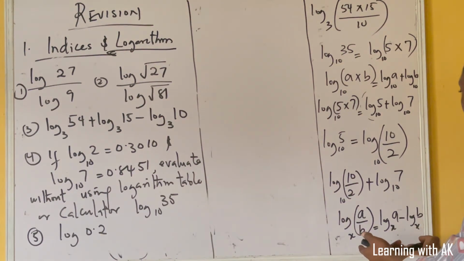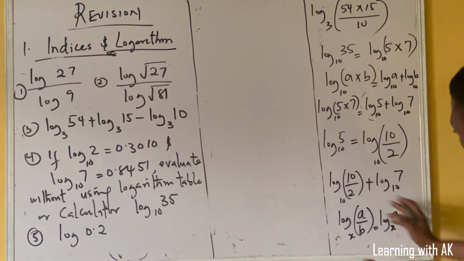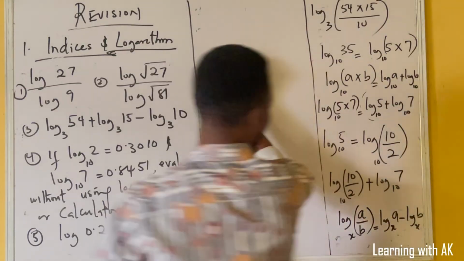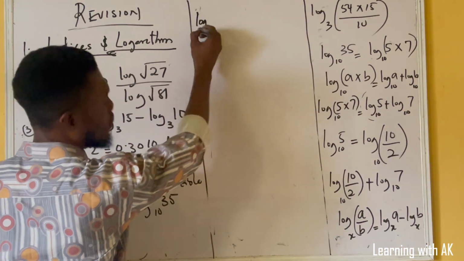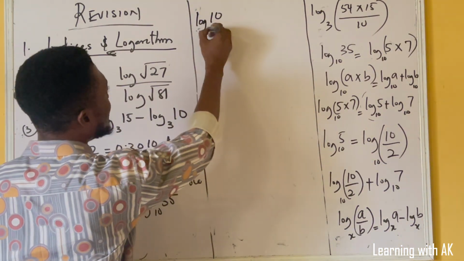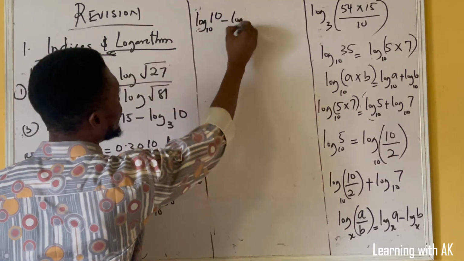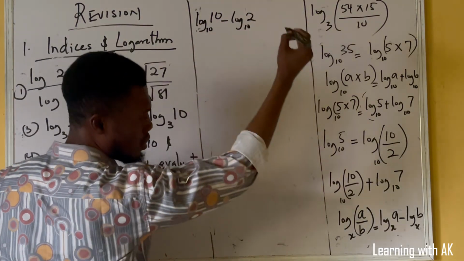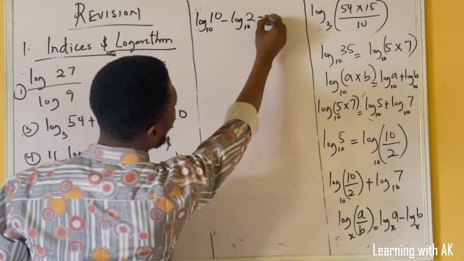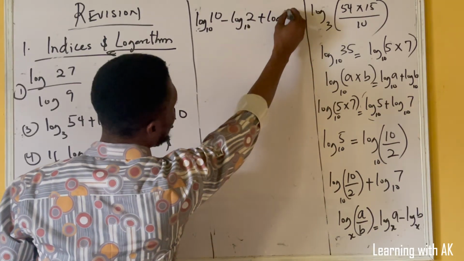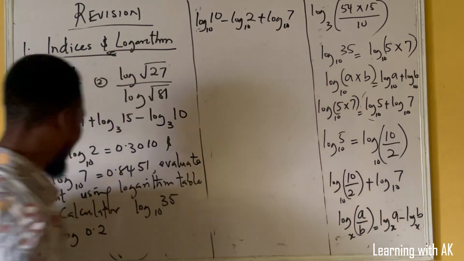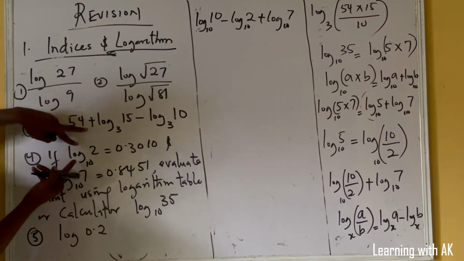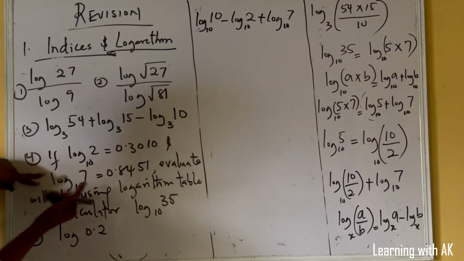So, from here, I can rewrite this based on this rule as log 10 base 10 minus log 2 base 10 plus log 7 base 10. Now I can fix in this. I have log 2 base 10 there, I have log 7 base 10 there.